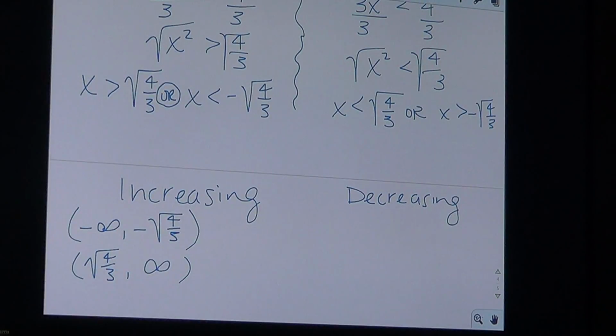You guys see where those are coming from? Yes? Okay. And then it's decreasing when x is greater than negative square root of 4/3 or less than positive square root of 4/3. So that would be all in one interval. So from negative root 4 over 3 to positive root 4 over 3, it's decreasing.